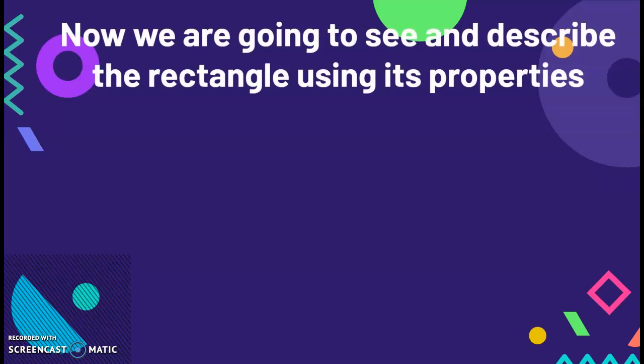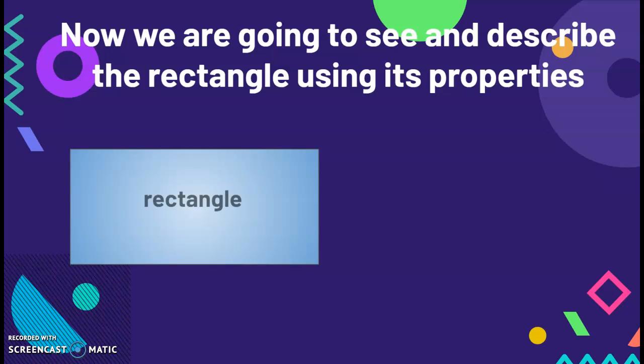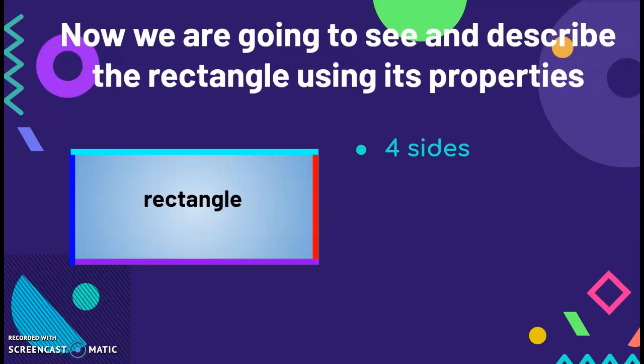Now we are going to see and describe the rectangle using its properties. Rectangle. It has 4 sides. 1, 2, 3, 4.